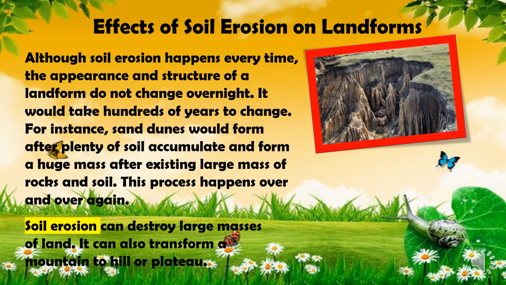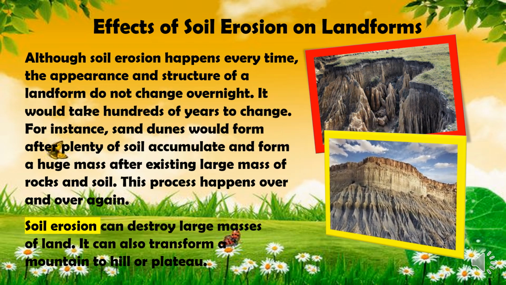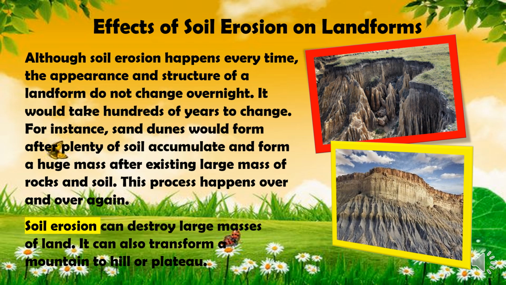For instance, sand dunes would form after plenty of soil accumulates and forms a huge mass after an existing large mass of rocks and soil. This process happens over and over again. Soil erosion can destroy large masses of land. It can also transform a mountain to a hill or plateau.